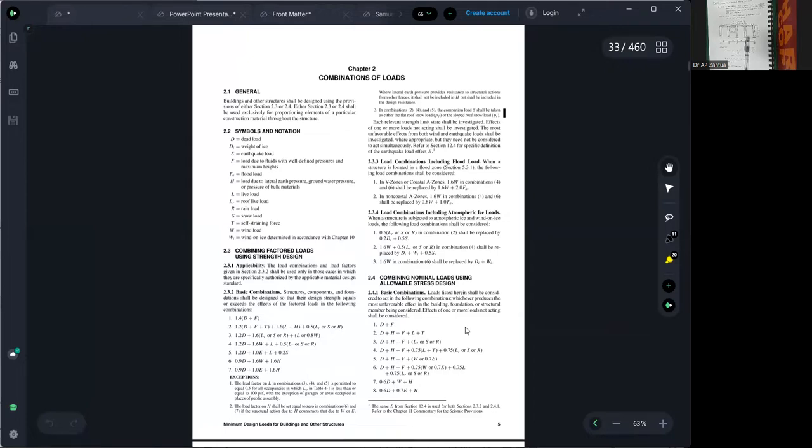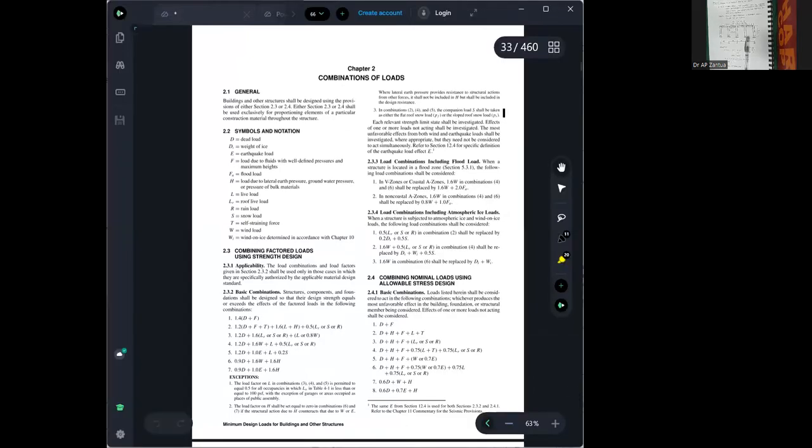As you can see here, we can say maximum gravity load combination. Gravity, because it is more on self-weight and the given WD and WL. So using LRFD, we'll have the following.